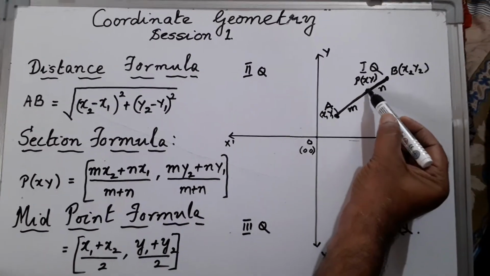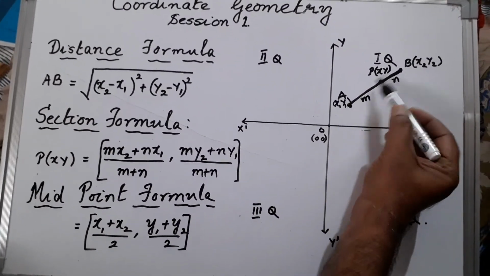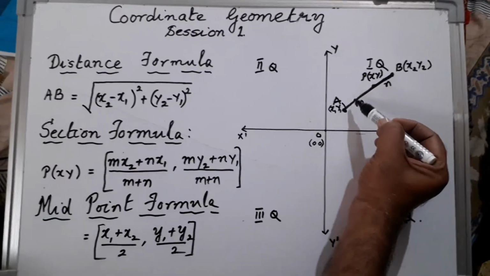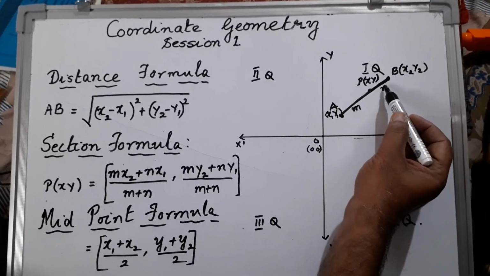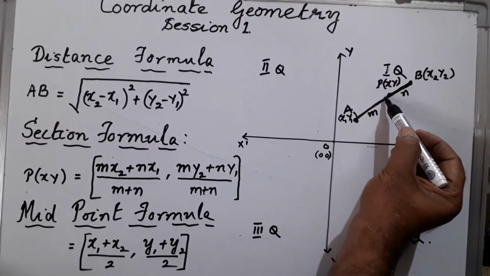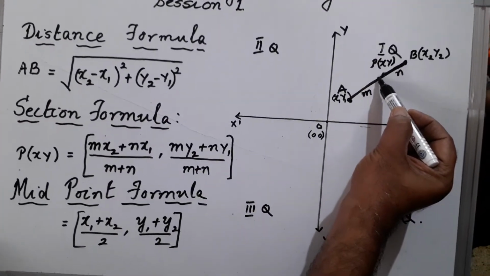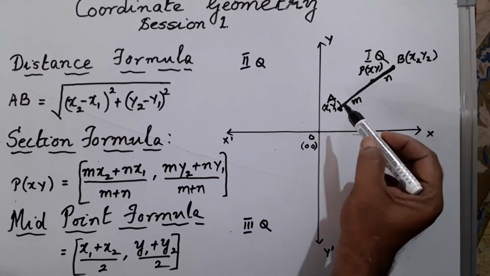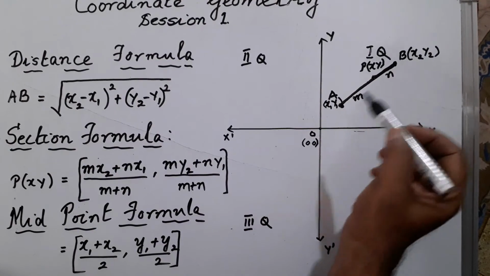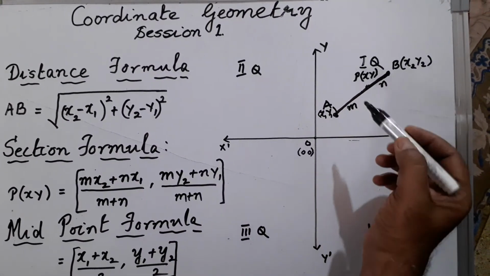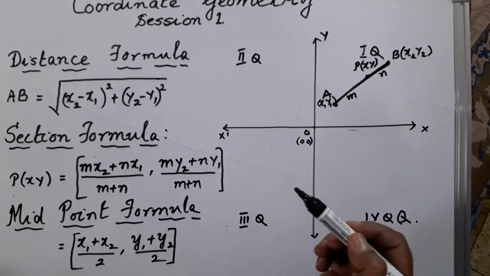When this point P, which is in between A and B, which divides AB in a ratio m is to n, if that point P travels and comes exactly to the midpoint of A and B, then the ratio m is to n will become m is to m, or you can take it as n is to n.